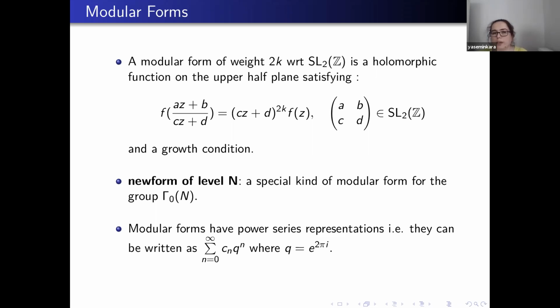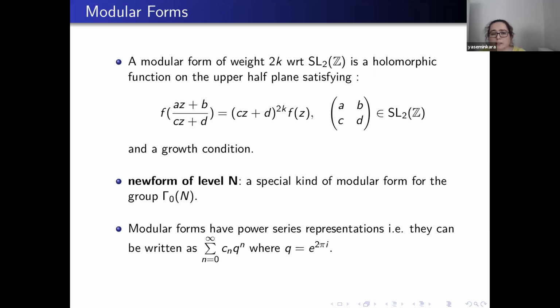When you compose f with the Möbius transformation, it gives you f of z times cz plus d to the 2k. Sometimes this is called a modular form of weight k, but I use weight 2k. And of course, this modular form must satisfy some growth condition, which I didn't write.